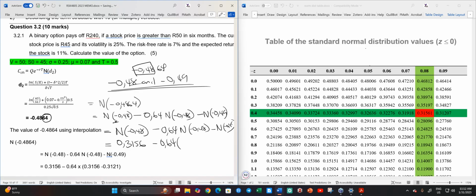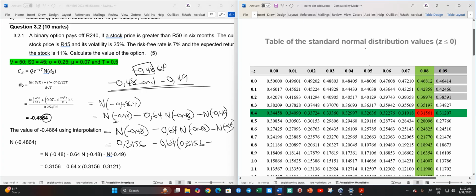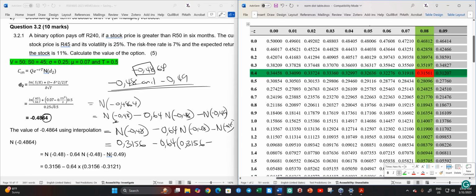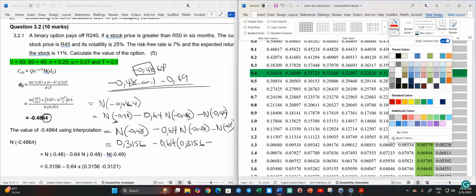N of minus 0.48, we already have it. It's 0.3156. Then minus n of minus 0.49. We already have 0.4 here. 9, we come and look for 9. We highlight the column for 9.